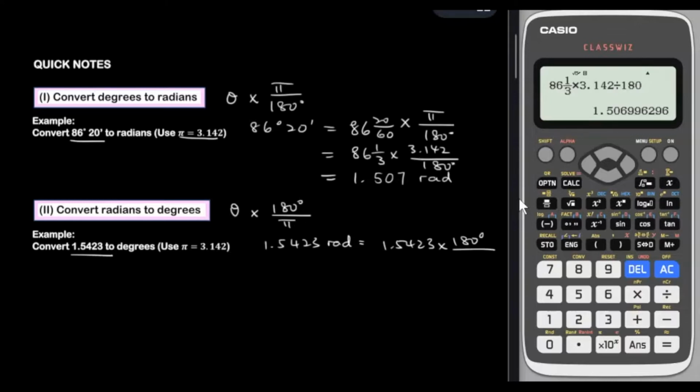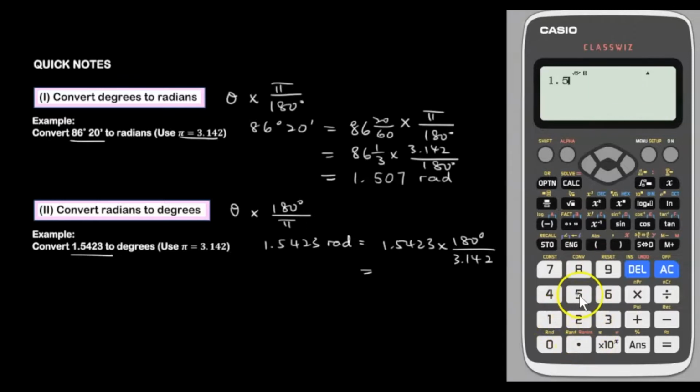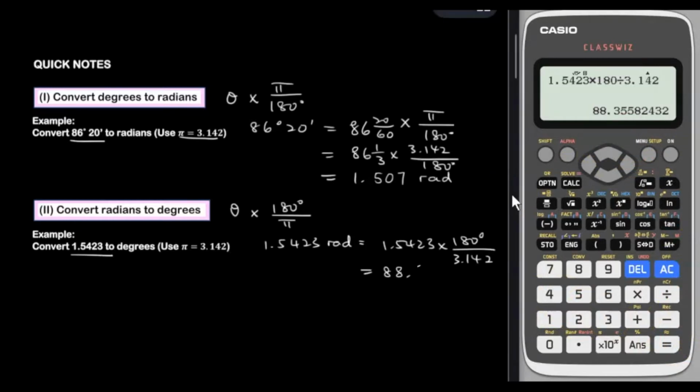The pi is 3.142. So let's calculate this. 1.5423 then times with 180 and then after that divided by 3.142. Which is 88.36, and this one will be in degrees.